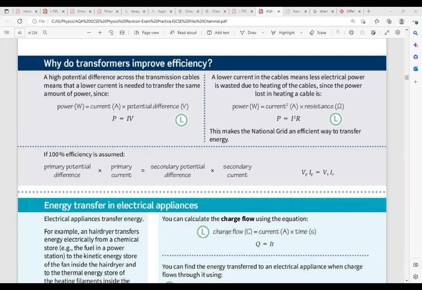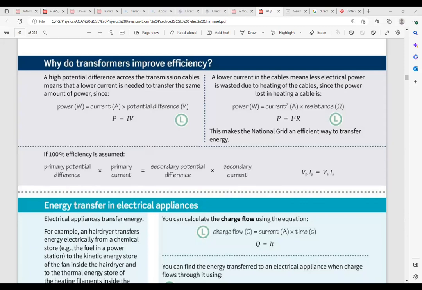Current is measured in amperes, A, and for small currents we can use milliamperes or microamperes. Potential difference V is measured in volts, and we have a relationship between potential difference and current.